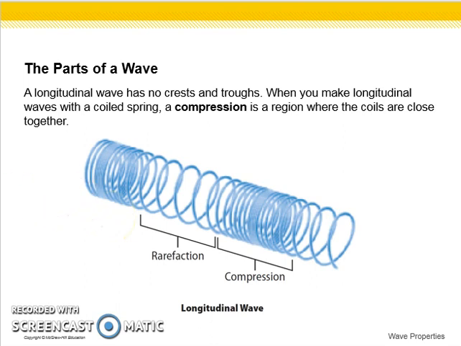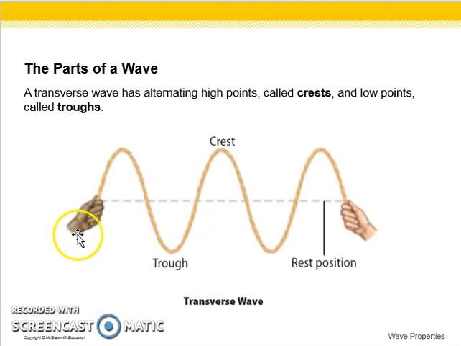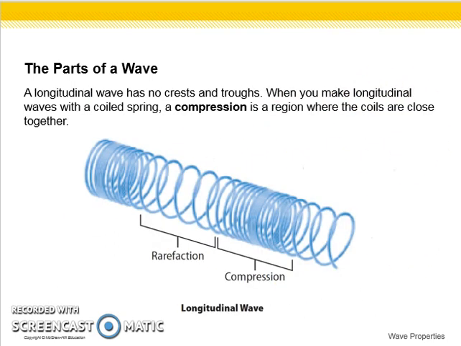Not only do you need to know all of that, but you need to be able to say, oh, when I see this, this is a transverse wave, because transverse transfers from top to bottom, from crest to trough, from crest to trough. And a compressional wave is a longitudinal wave. And you need to know the area that is less dense is rarefaction, and the area that is really dense and pushed together is compression.